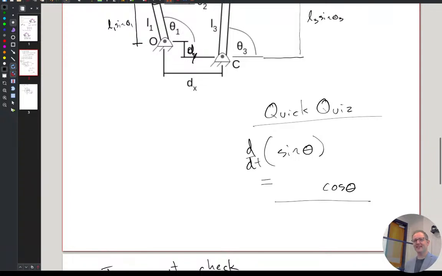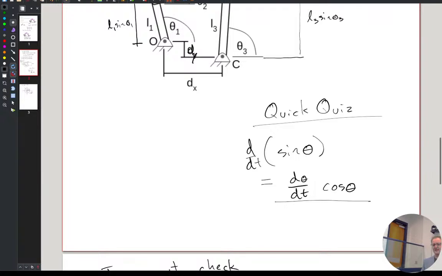What do we think? No, I think it's just cosine. Just cosine? Surely it can't be that easy. He also left a space. Cosine theta d theta dt. Yeah, that's what you kept saying, but that was Mike's idea.